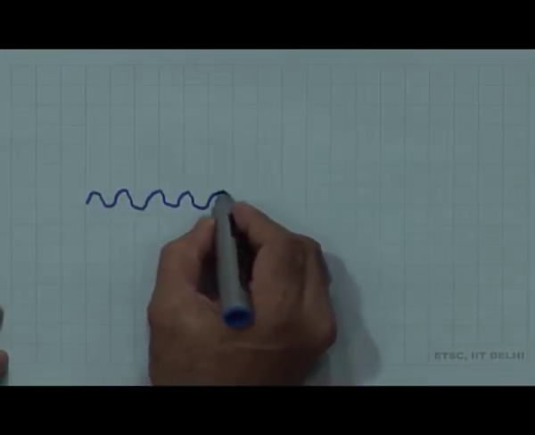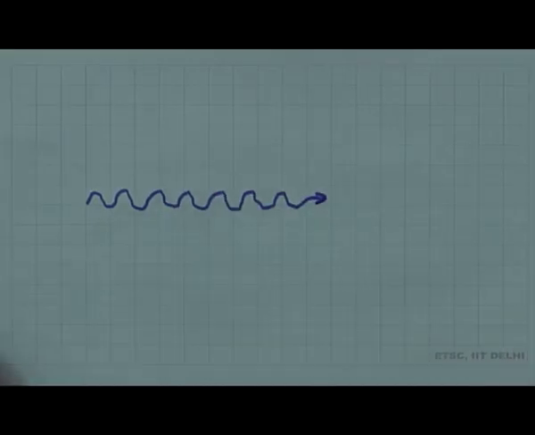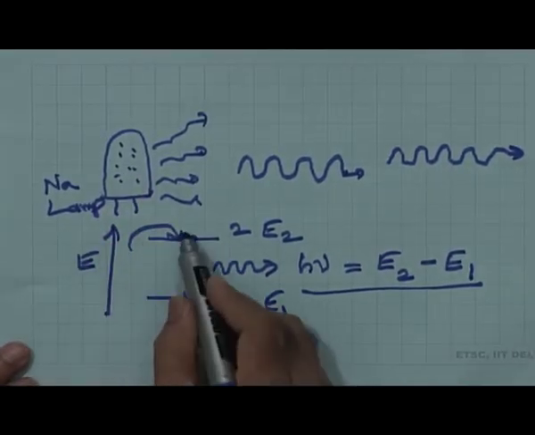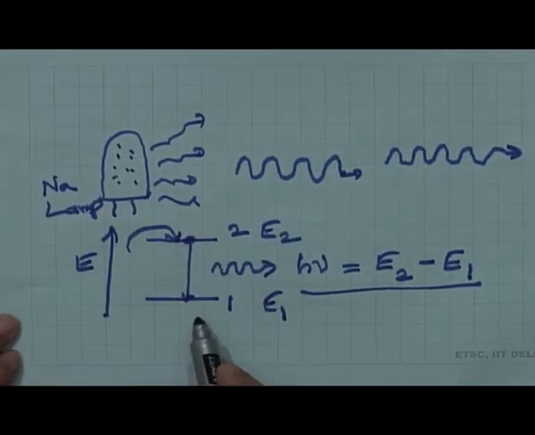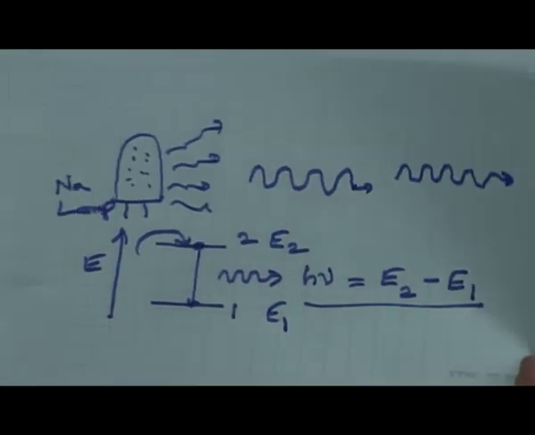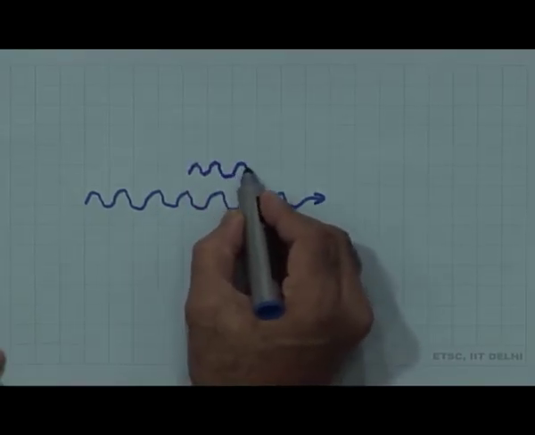One wave train is this and another wave train is this, and they are emitted at different times. There are continuously atoms getting excited and de-excited. So, they are emitted continuously at different times, which means the sine waves originate at different times.